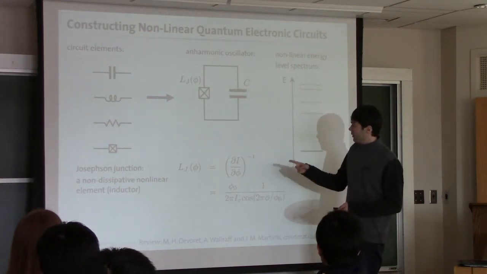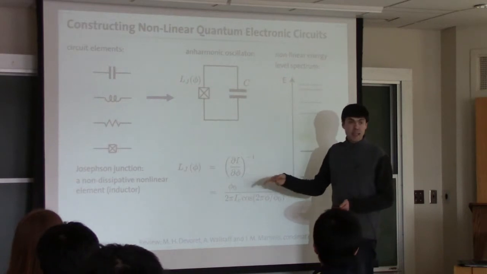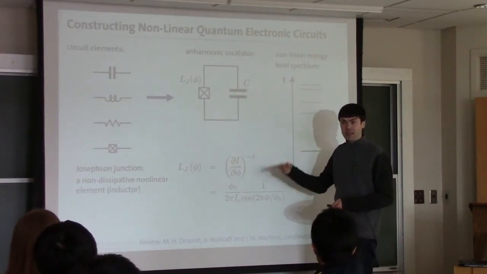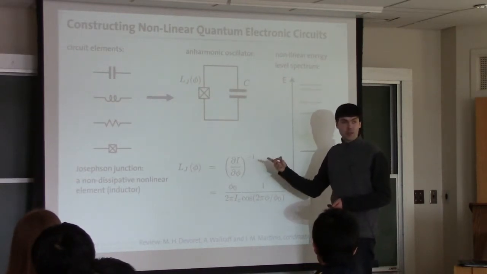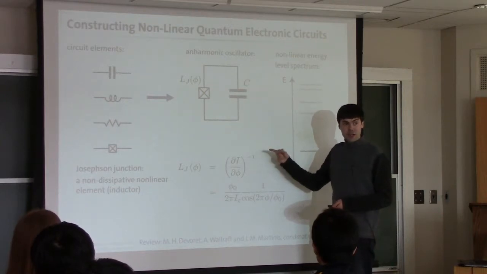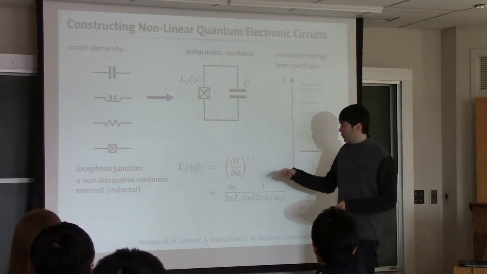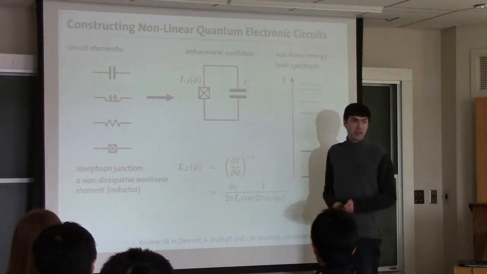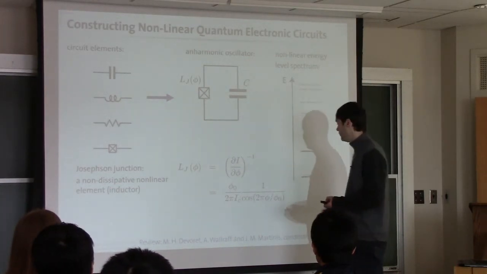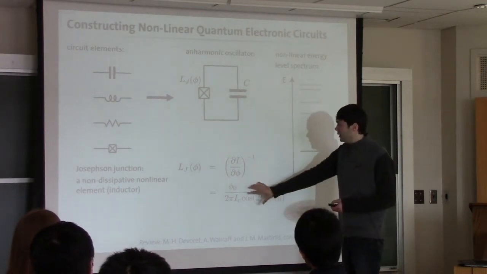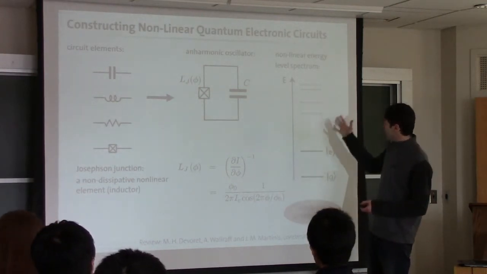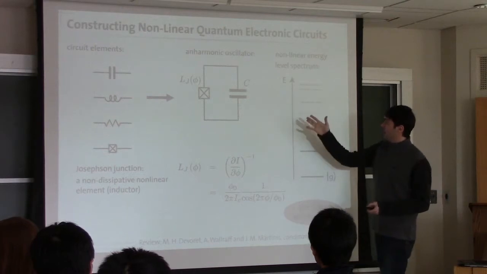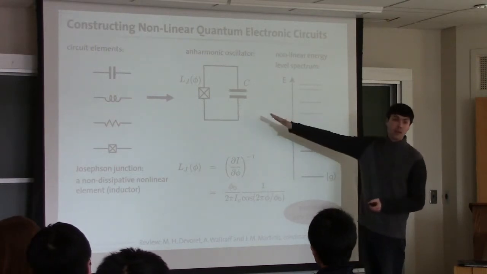So inductance is related to di/dt, but di/dt, from the second Josephson relation, is like d charge/dt, which is a second derivative of phase in time. So you can rewrite inductance in terms of phase. So it's nonlinear.